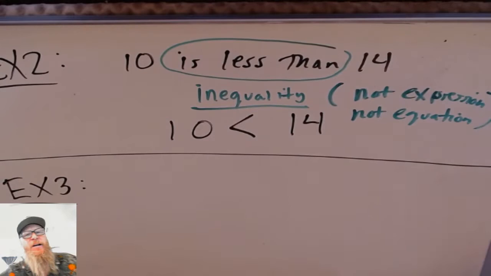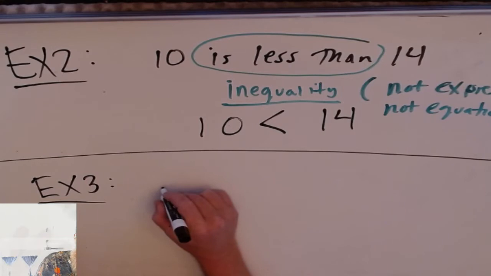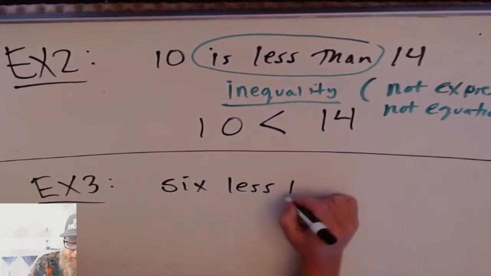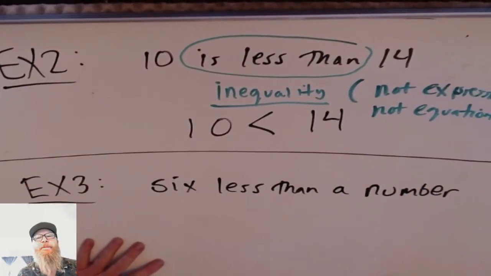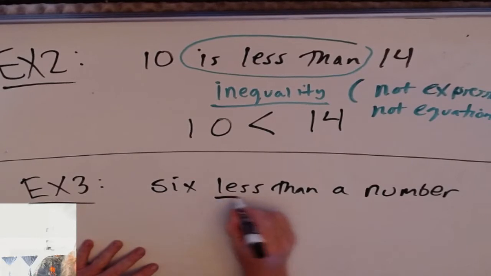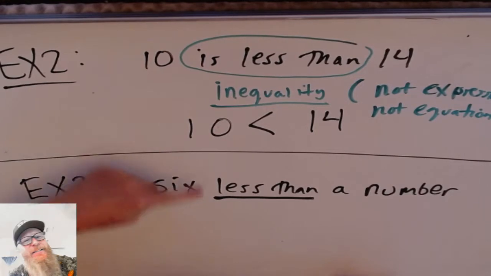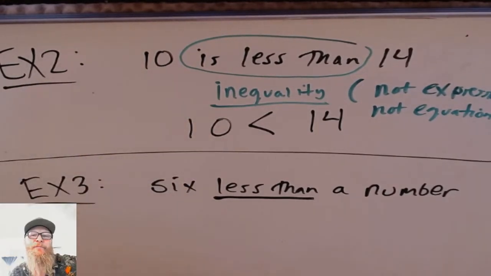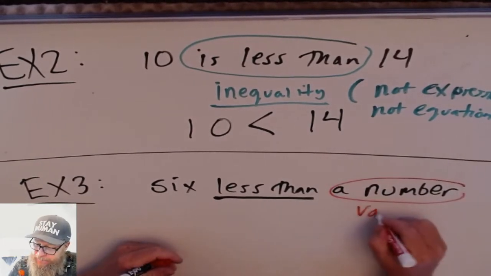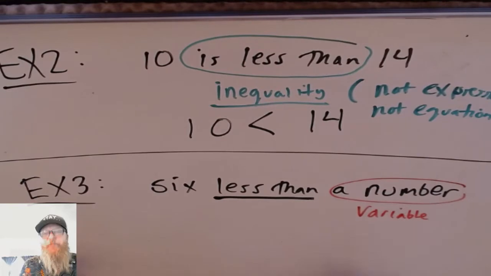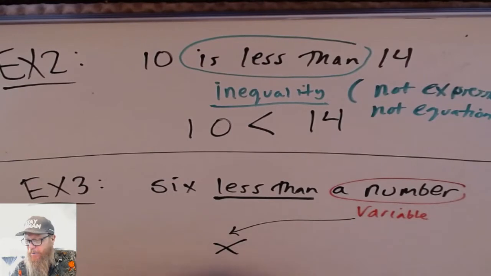And then if we have an unknown value, say 6 less than a number. Again, I'm saying less than, but notice there is no is. You don't see the word is. So a number is going to be a variable. When in doubt, just use x unless told otherwise.